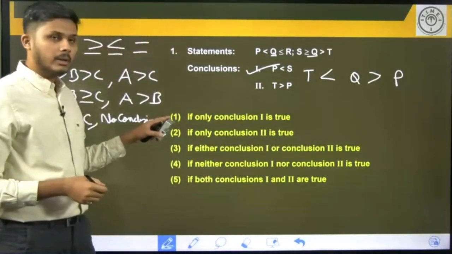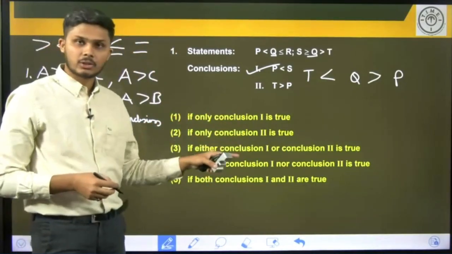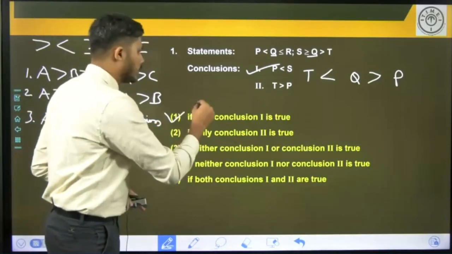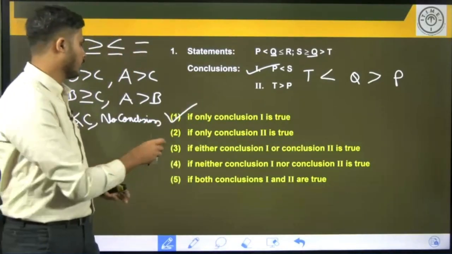So only option 1, that is, only conclusion 1 is true, is the correct option.